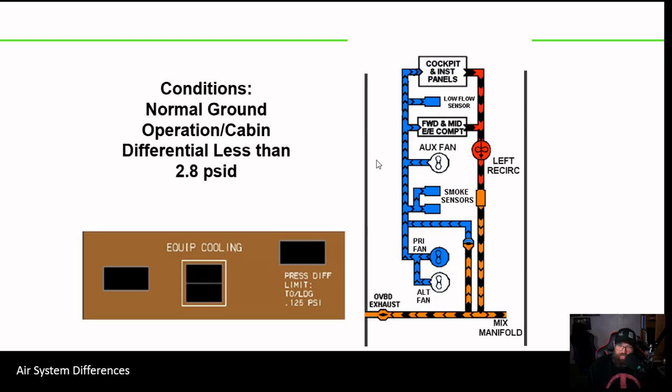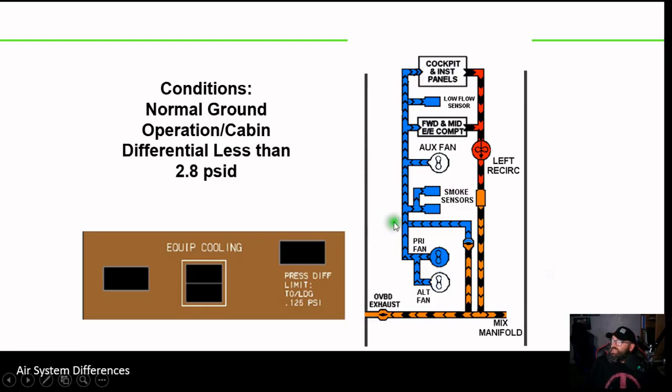If we're less than that, which is basically sitting on the ground with no engines running, just running the APU for packs, the overboard exhaust, as you can see down here, is open, and it's allowing all that air to be dumped off. So this is ground operation, essentially. That's the easiest way to look at this. On the ground, less than 2.8 PSID, the overboard exhaust is open.